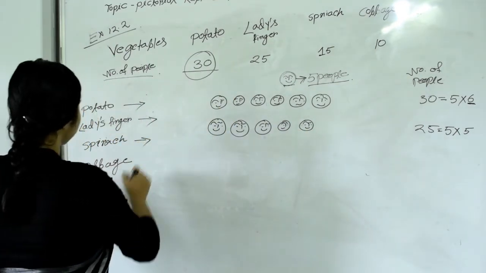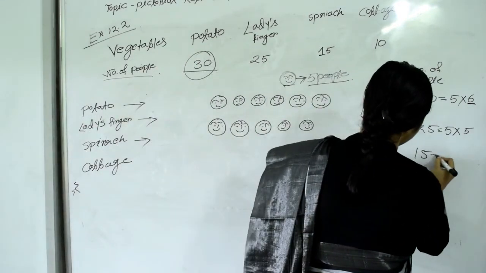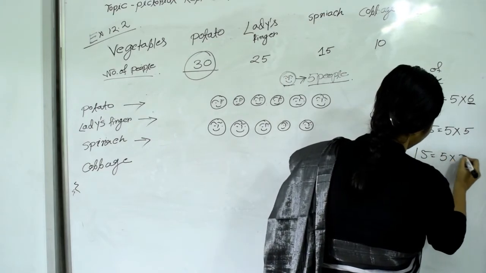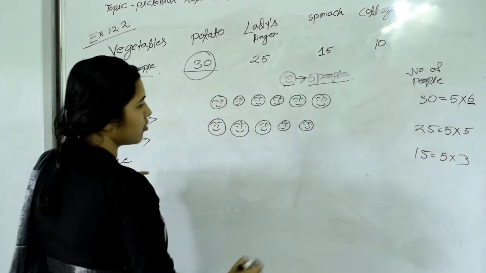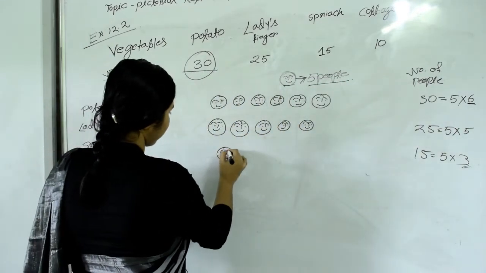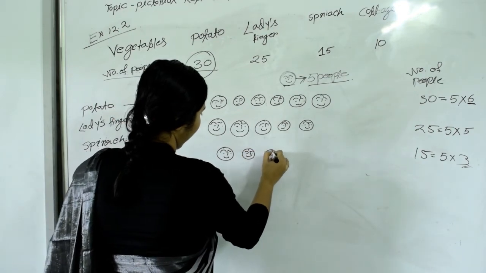And next spinach for 15 pupils. So again write 15 as a product of 5 and 3. So here we have to draw 3 faces. So 1, 2 and 3.